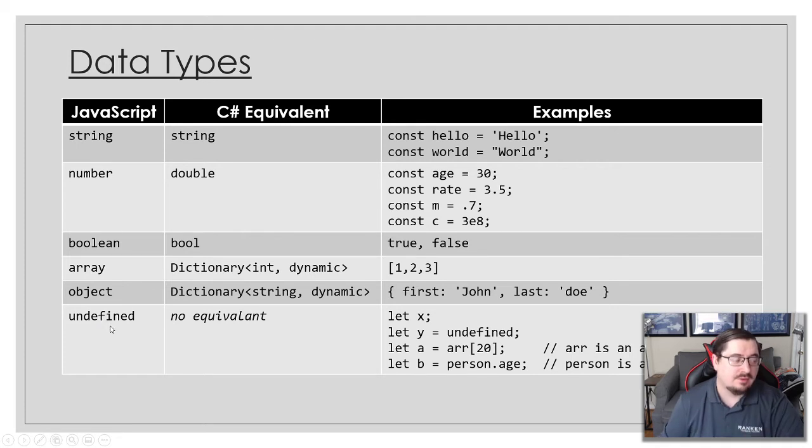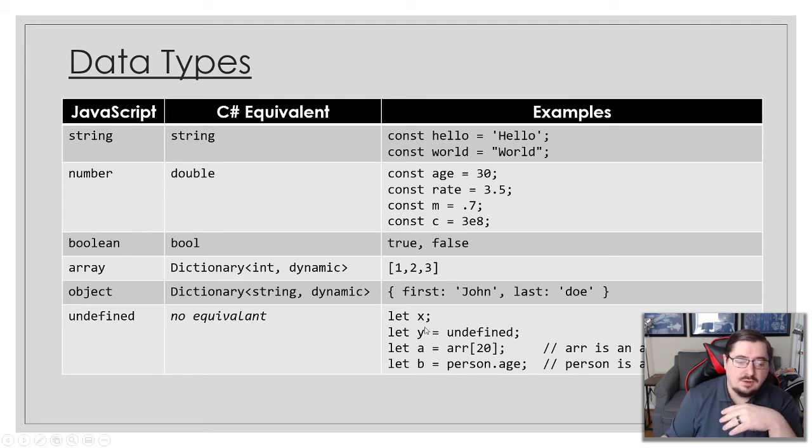And then finally, another data type that often occurs with JavaScript is the undefined data type. This one gets kind of interesting because there's not an equivalent data type in C#. You don't have undefined. If a variable has an undefined value, you're going to get a compiler error saying, hey, you haven't given this variable a value.